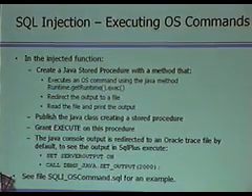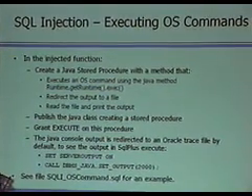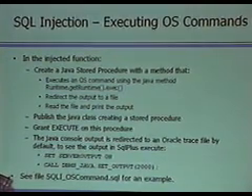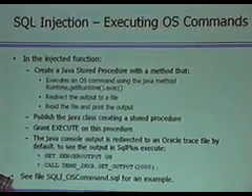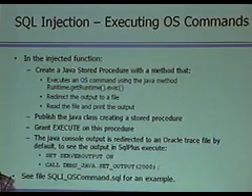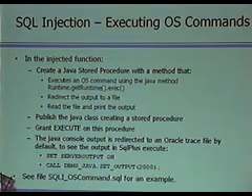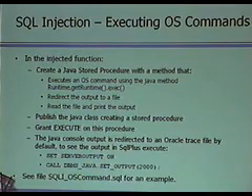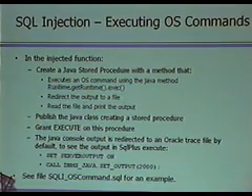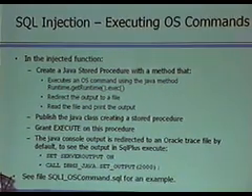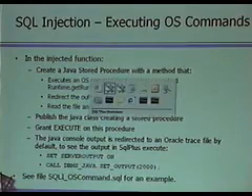Then we publish the Java class, creating a stored procedure, and grant the execute privilege on this procedure so we can execute operating system commands. By default, the Java console output is redirected to a file. So to view the output, we must execute those two commands, set serveroutput on and call dbms java set output. We will see an example.